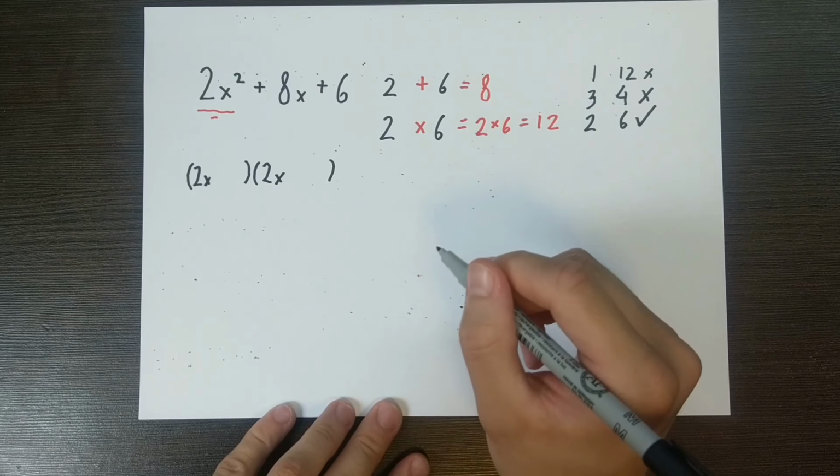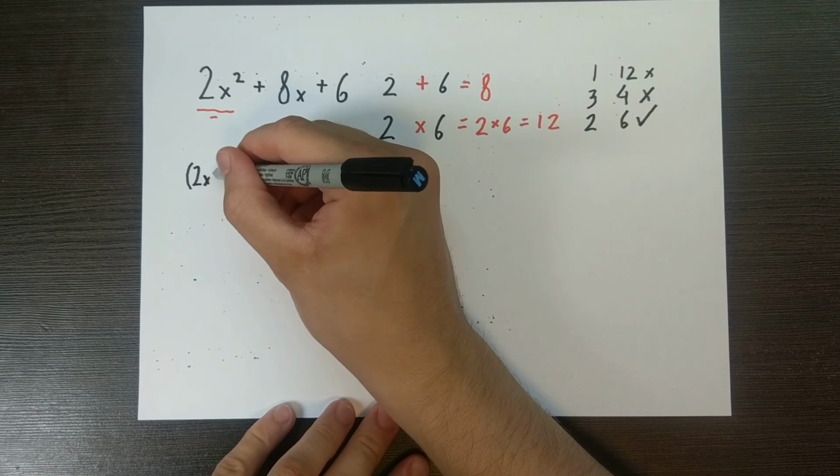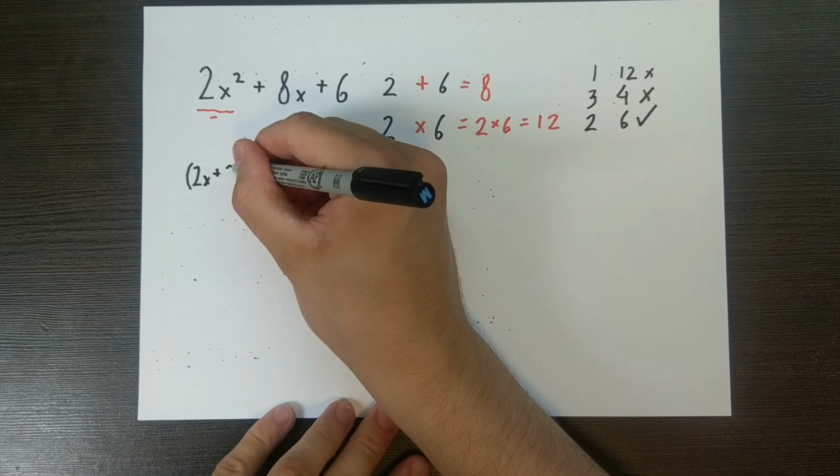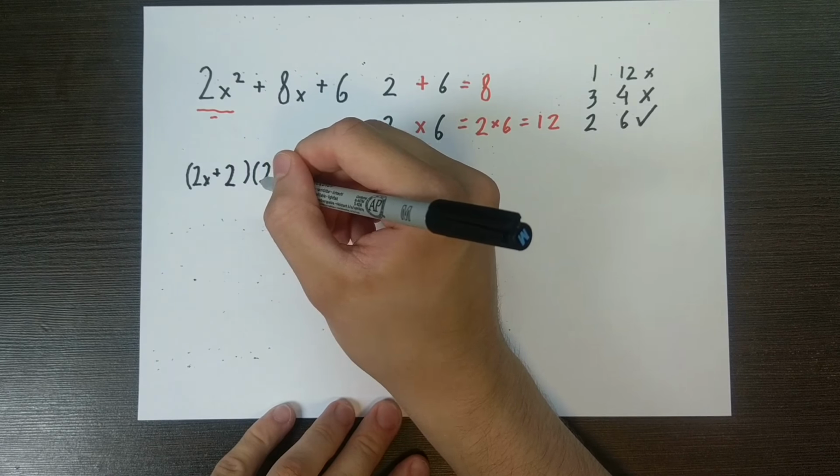We add 2x, and now, same as before, we plug in those numbers, and here we go. This is what we get.